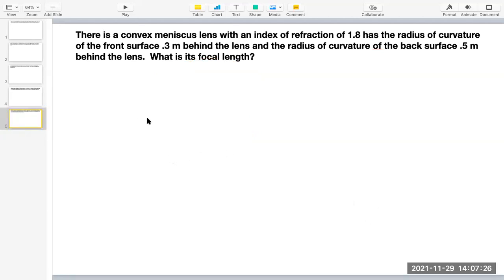So just using our equation for lens making.